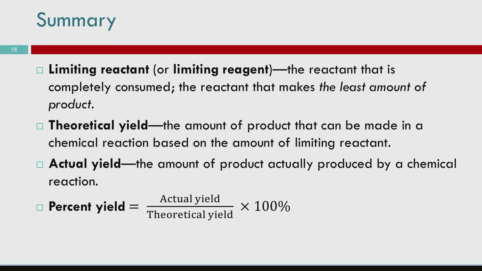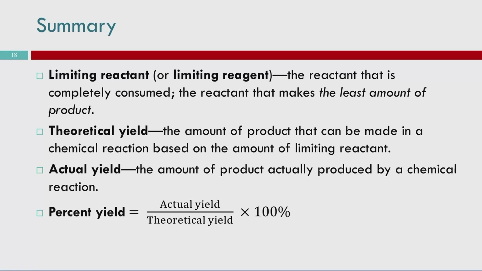So a summary of some of those ideas. Your limiting reactant or limiting reagent is the one that is completely consumed, all used up, and runs out first. It's also the reactant that makes the least amount of product. So with our BLTs, that was 3. Everything else we could make more of.